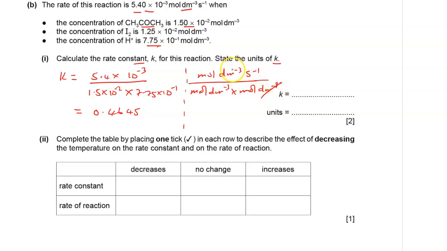Of course, this will cancel with that, and this will cancel with that, so what will remain is dm cubed per mole per second. So k is 0.4645 dm cubed per mole per second.